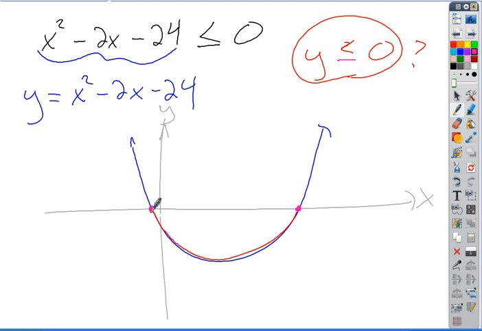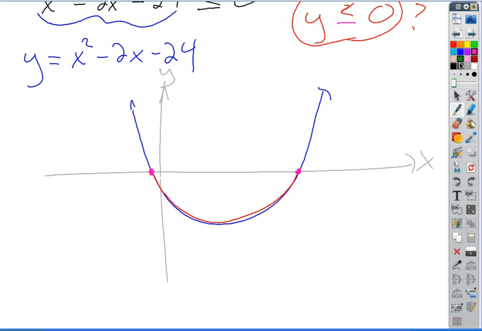So taken together, the places where this is true, where this parabola, if I think of it as a function, is on or below the x-axis, is going to be down here. It's going to be at or between the x-intercepts, or the zeros of this thing, right? So all I've got to do, if I can find out what these are, I could call this one right here x1 and that one x2 for now.